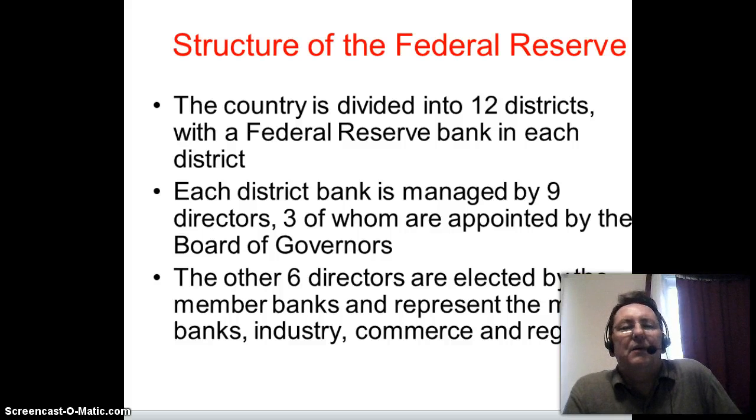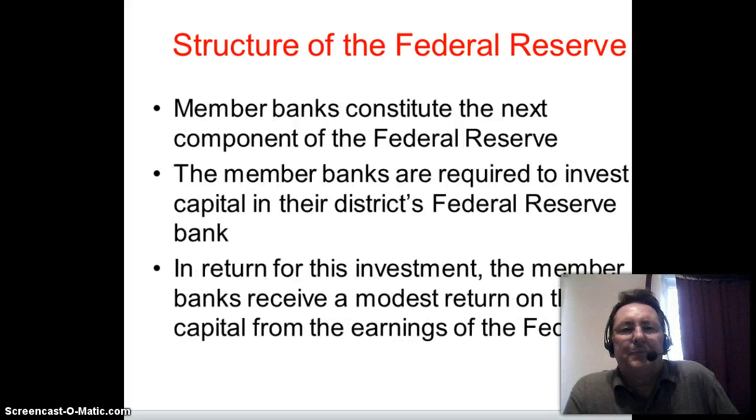So the Fed tries to maintain some central control by basically appointing 3 of these governors, if you will, 33%. The other 66%, or 6 directors, are basically elected regionally.